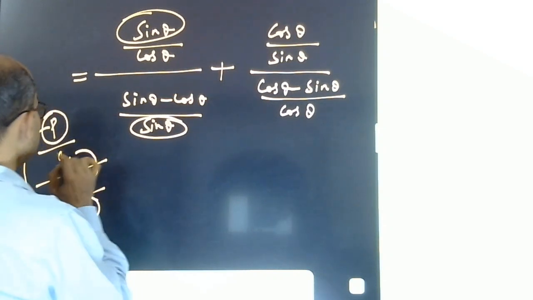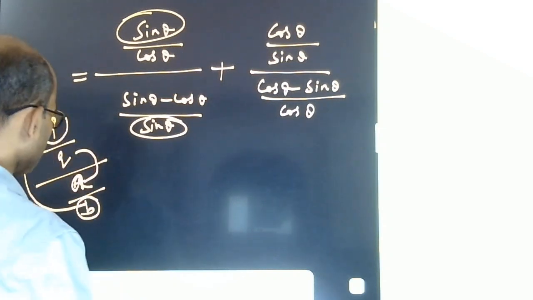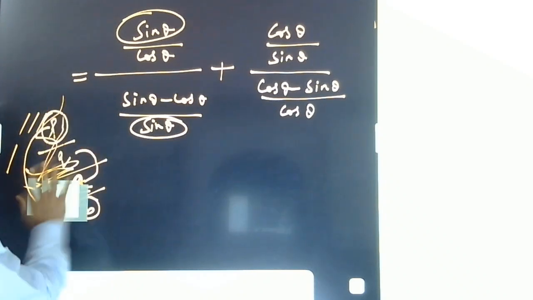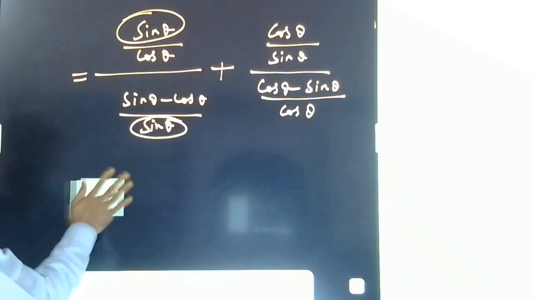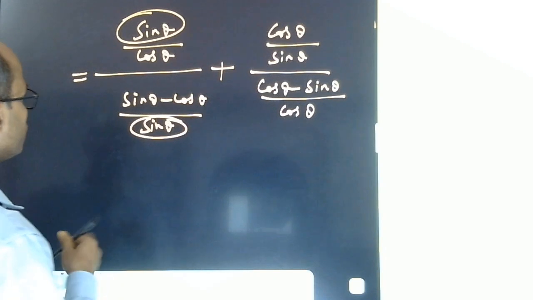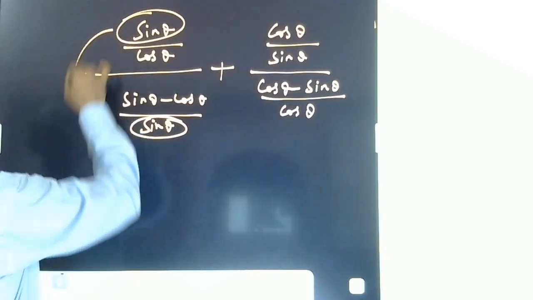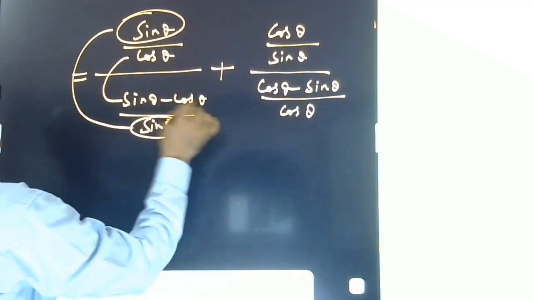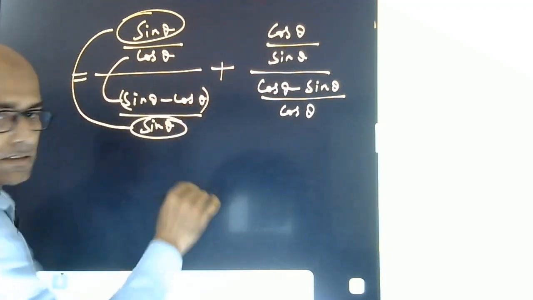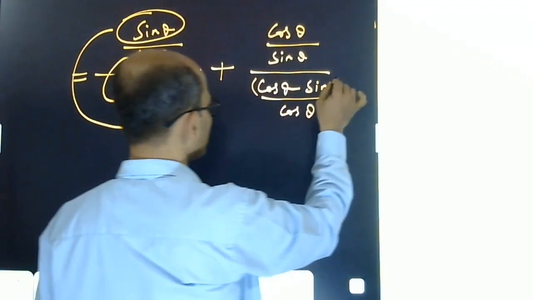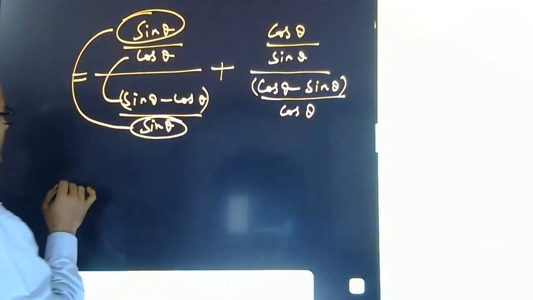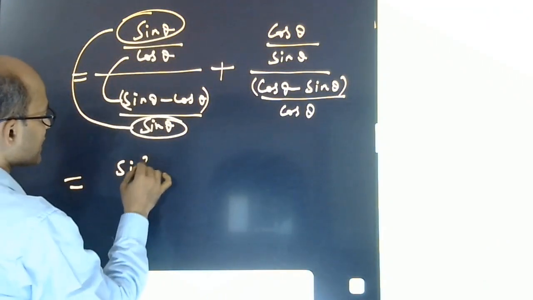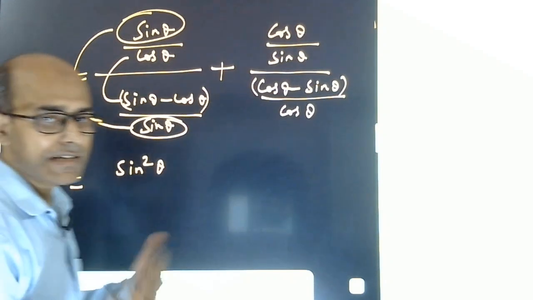We can say one thing, that these two quantities and these two quantities will be multiplied to each other. We are required to take the bracket. So what it is giving: sin theta multiplied by sin theta will give the value of sin square theta.